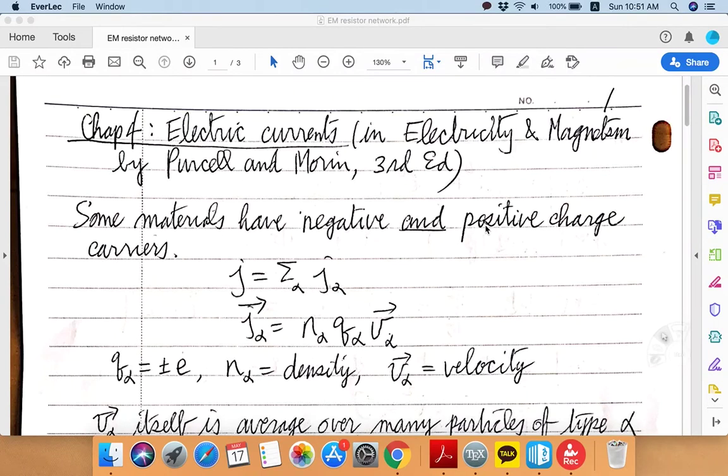And the only drawback, even back in the days when this book first came out, it was celebrated as a classic of its kind. But there's only one drawback with the original version, namely that they were using the unfamiliar CGS system of units rather than the MKS system of units.